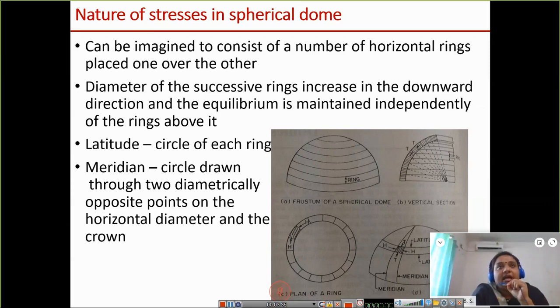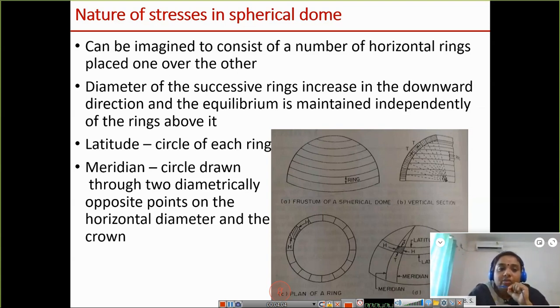So here, unlike the beams, columns and all, it's not a regular type of stresses coming here. Whatever you have studied till now was on shear stress, bending moment, or bending stress kind of thing.